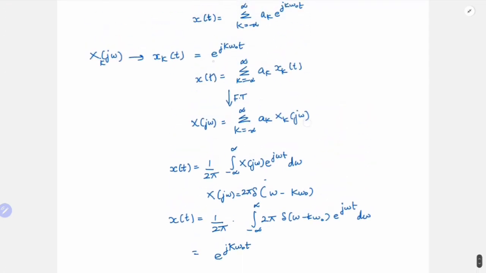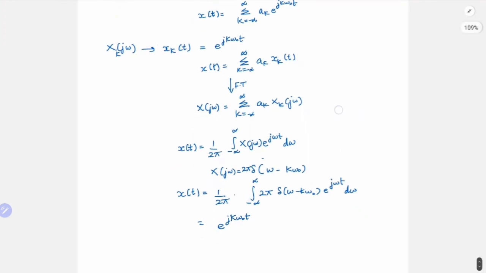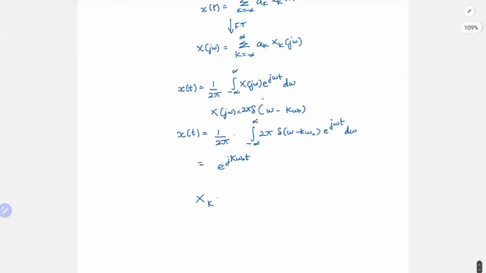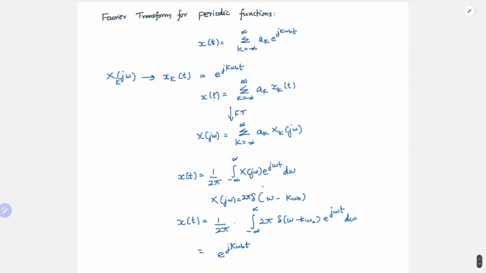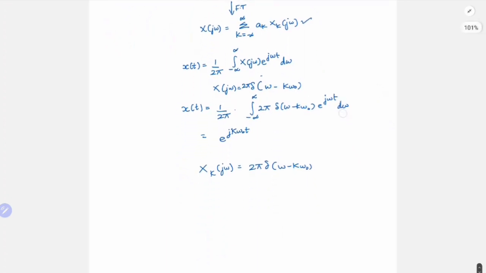So this is what I wanted to start with, x_k(t), and I got it. So what is my X_k(jω) actually? It is nothing but 2π δ(ω − kω₀). So we are using the impulse signal or impulse function.